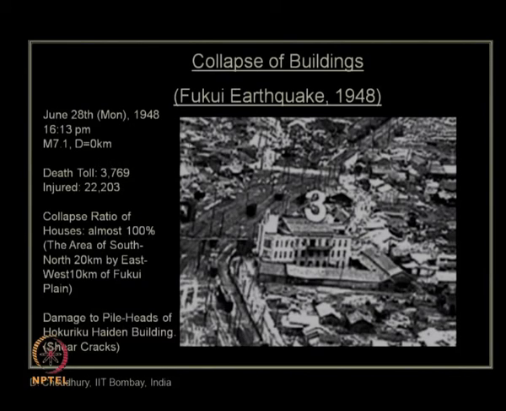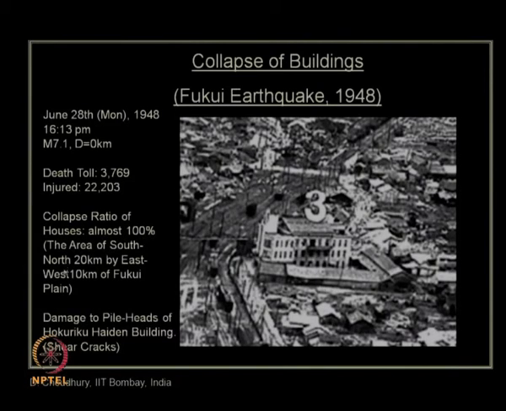The number of deaths during that earthquake was more than 3,500 and the injured more than 20,000. So you can see how much damage occurred in those days. The collapse ratio of houses was almost 100%, that means almost all houses collapsed.